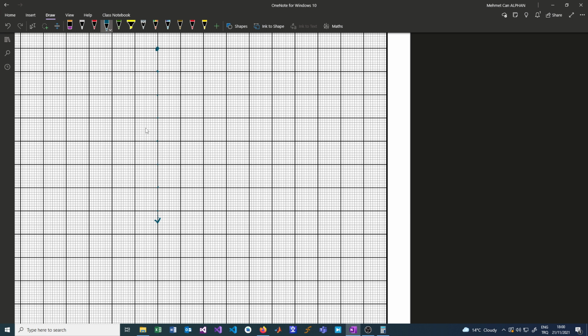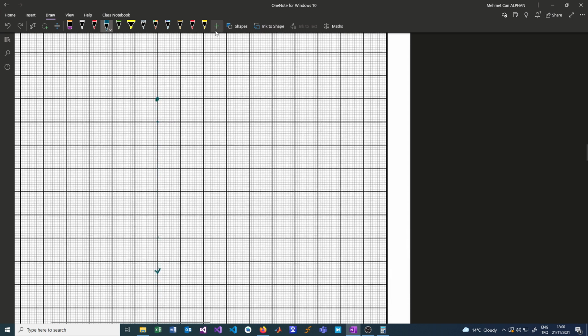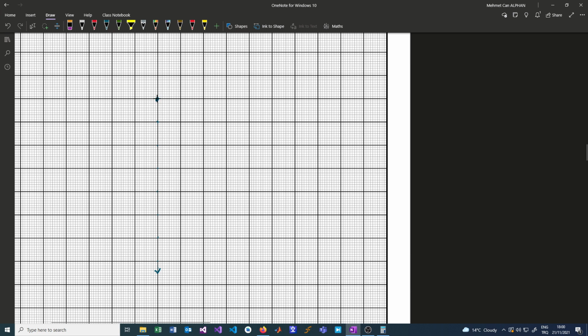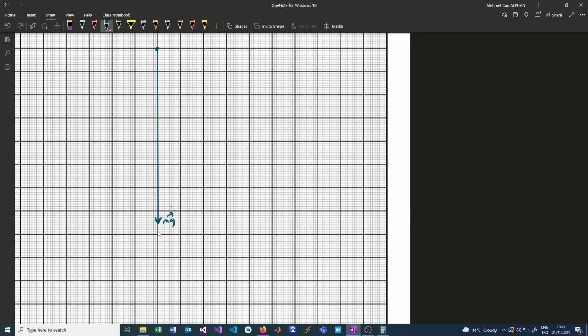Right? This is my mg vector. Let's draw it with vector 2. Yeah, this is our mg vector. Let's add T1 to tip of it.